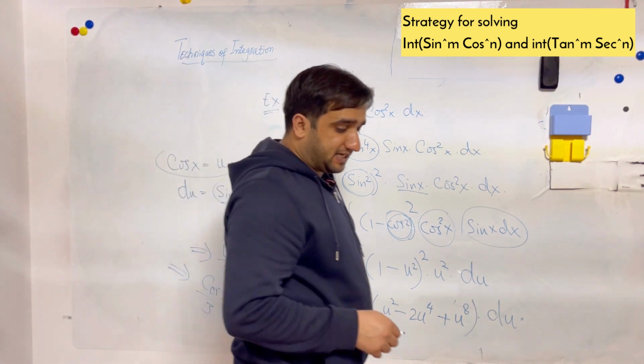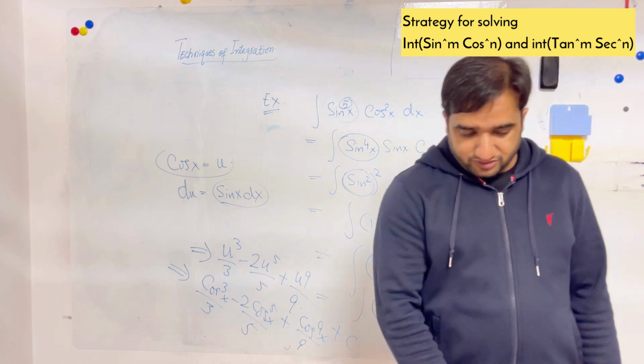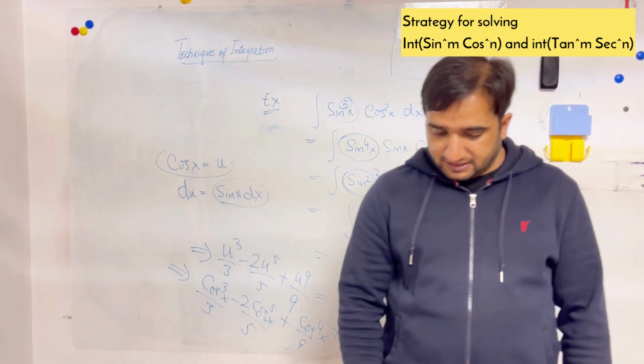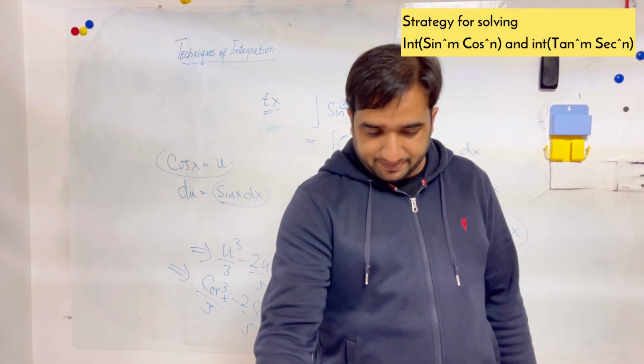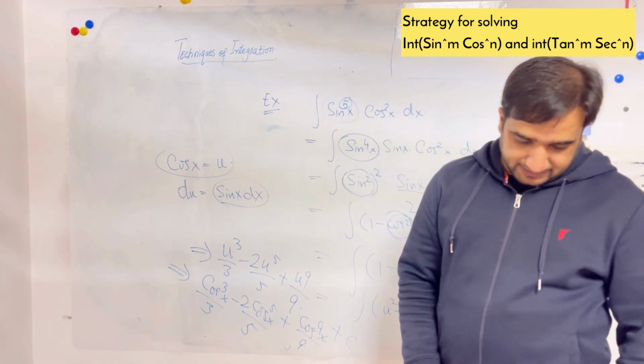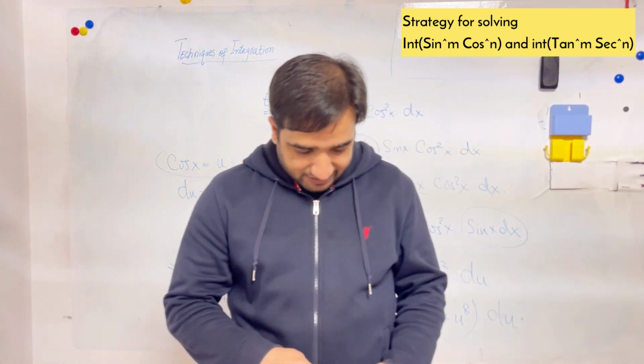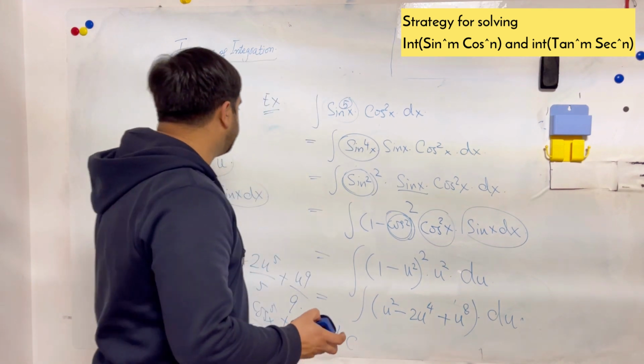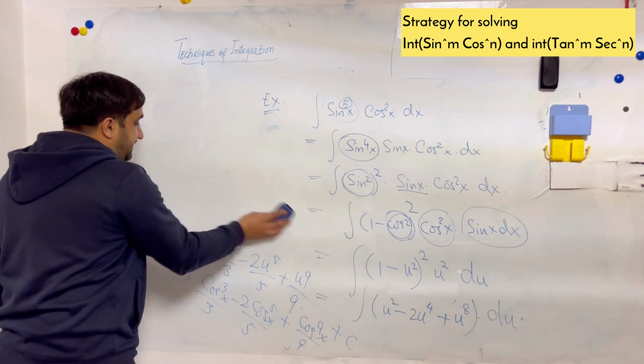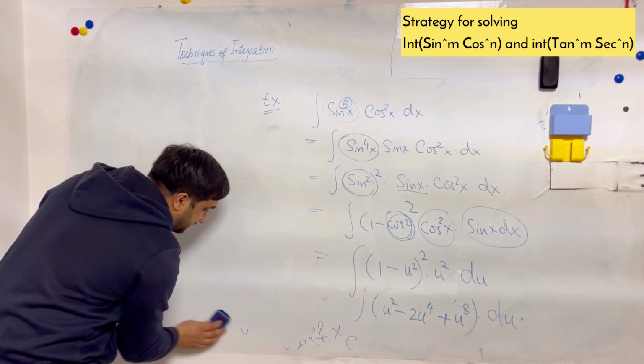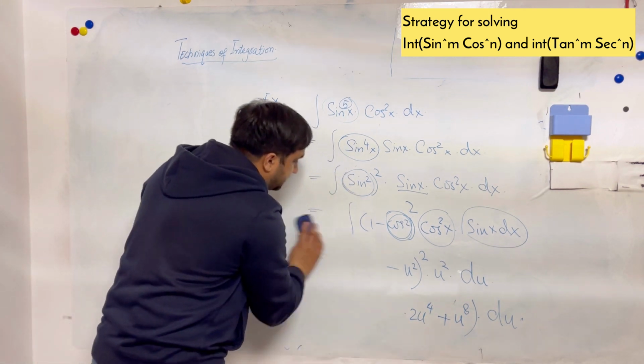So you can apply a substitution rule, you can apply integration by parts, you can apply any idea which is convenient for you. But the thing is that you have to be careful in all the substitutions.